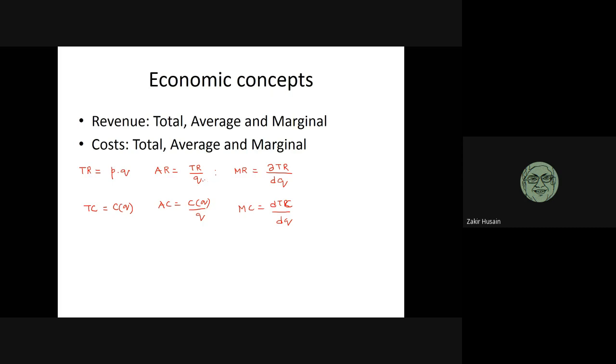In the earlier batch, quite a few made this mistake. Instead of saying divide by Q, they said divide by L or inputs. That is not true.